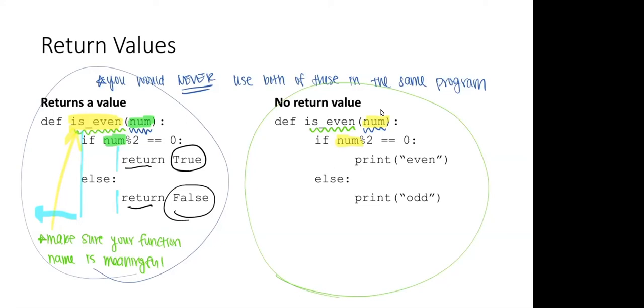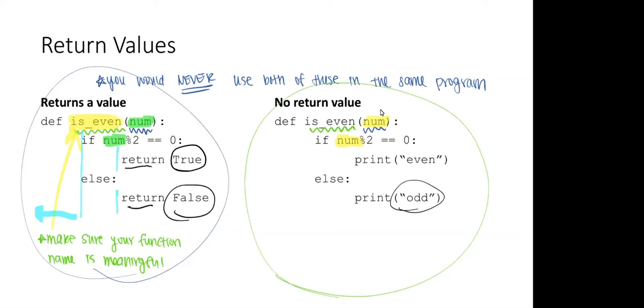If you decide to pass 3 into this function, 3 modulus 2 is not equal to 0. That is false. 3 modulus 2 is 1, a remainder of 1. So it would print odd.